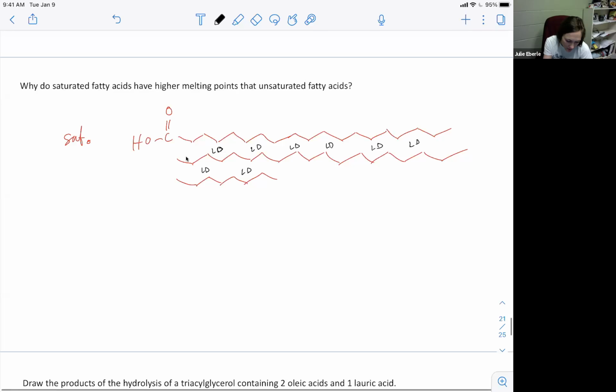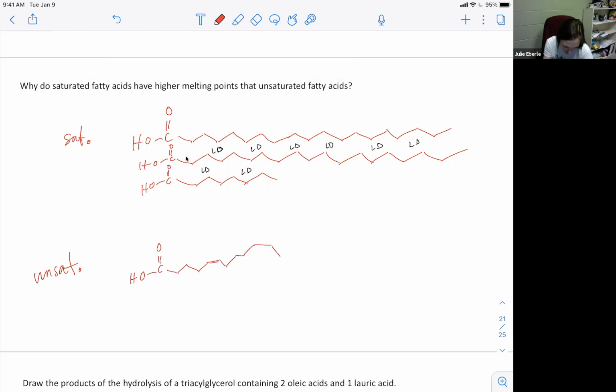But structurally, unsaturated fatty acids are different. Unsaturated might look like this, but then you've got this kink, and it can start looking weird.